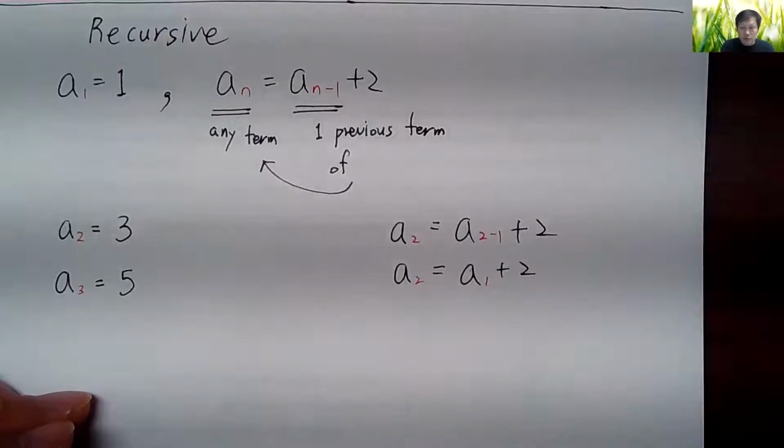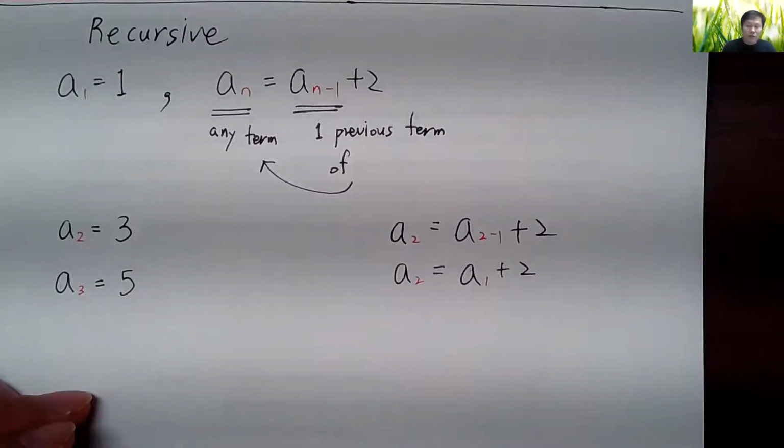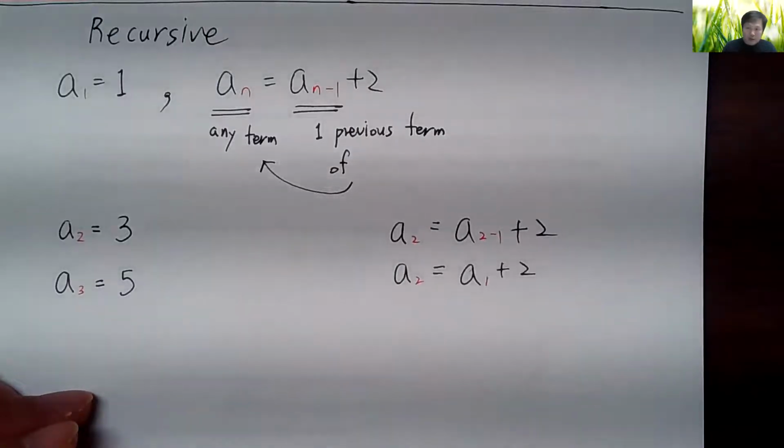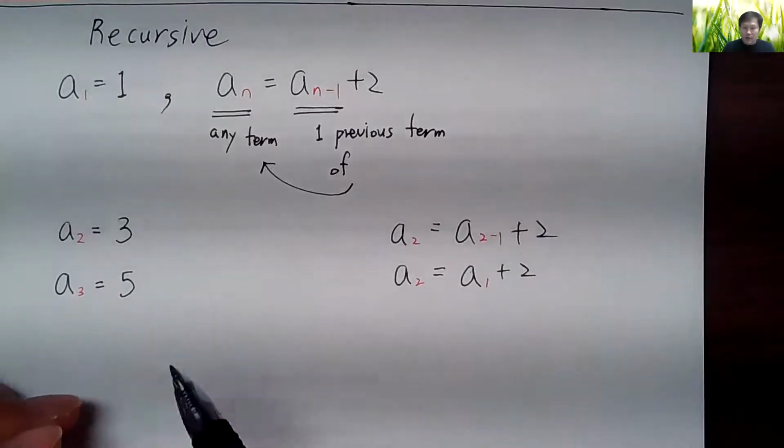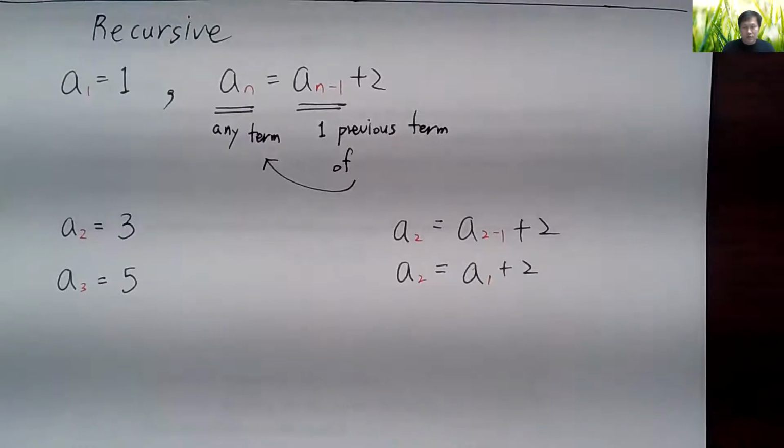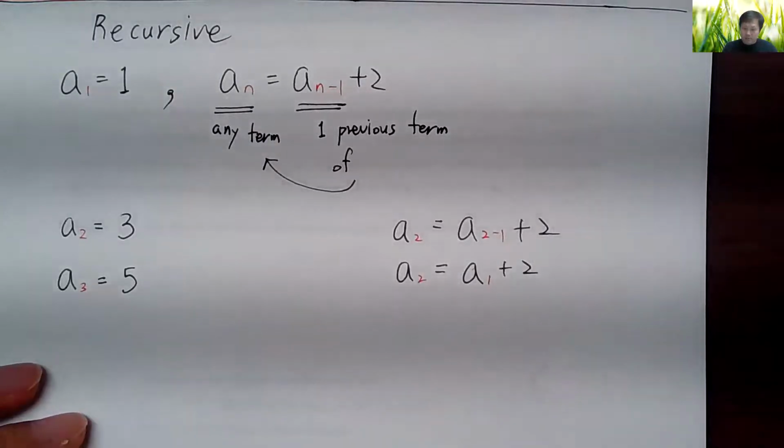So you can add 2 to it to get 50th term. Well, where's the 49th term? To get the 49th term, I need a 48th term. To get 48th term, I need a 47th term. So you have to backtrace all the way up to here. So in that sense, it will be very inefficient compared to explicit form.